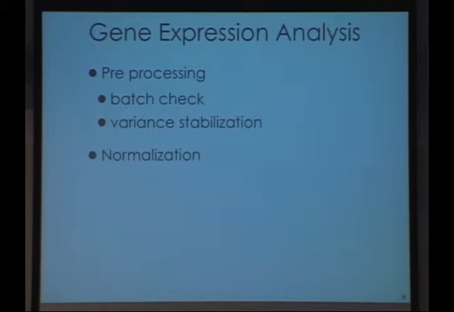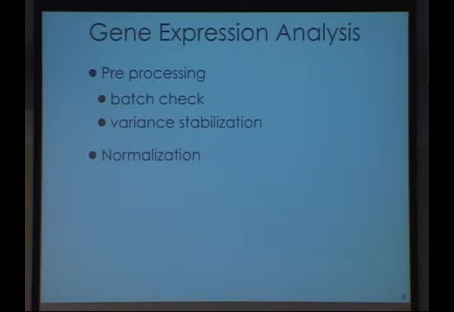Okay, you're going to do some sort of pre-processing step, and that pre-processing step is really to try to deal with the fact that batches differ. Okay? And the reason batches differ is there are many sources of variability, and you're trying to account for that and minimize that so that you can then compare what you really care about, which is differences between conditions in your samples.